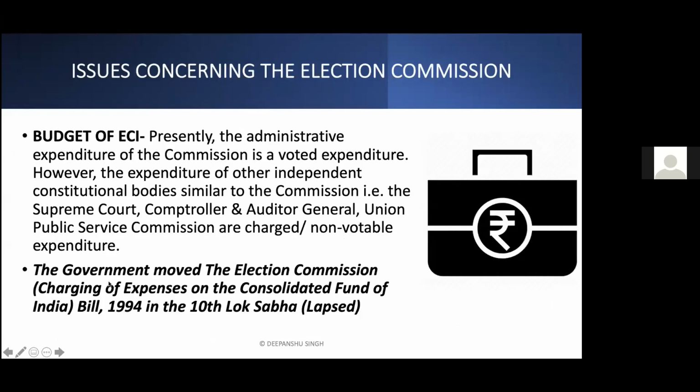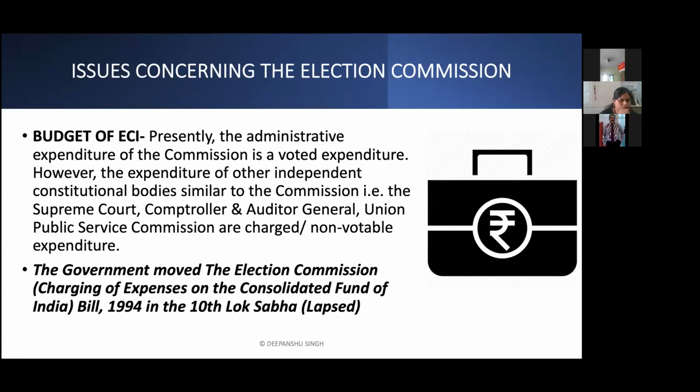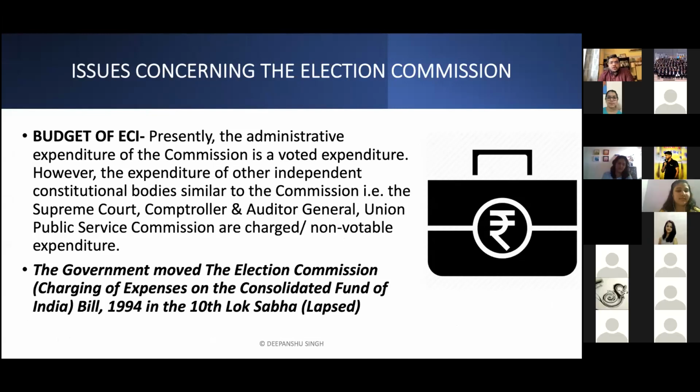Now, if we talk about some of the concerns that plague or affect the Election Commission of India, one of the most important is the budget. When we talk about the constitutional bodies in India, they are meant to be free, fair and independent. One of the most basic features of ensuring independence of a body is by giving them autonomy. How do you give autonomy?